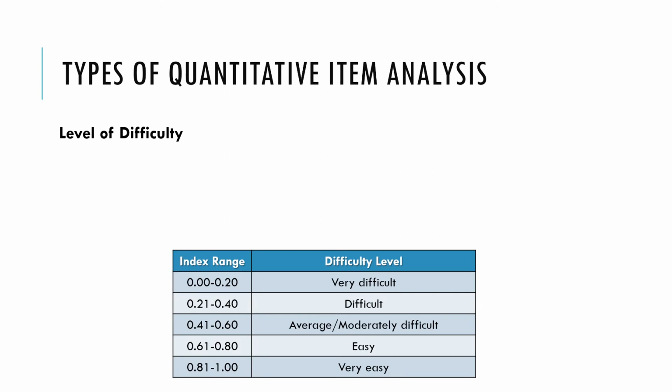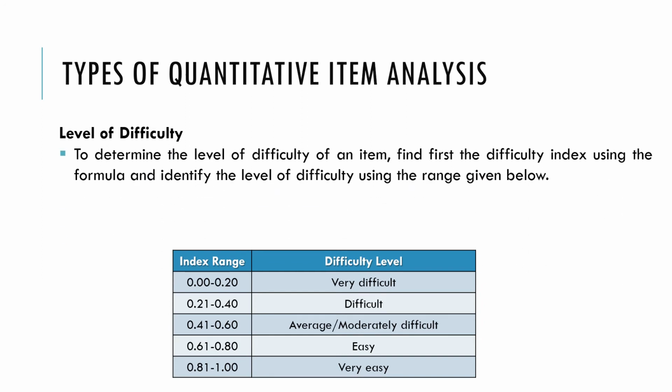So let's try to look at now the difficulty level, and because of that difficulty level, you can actually adjust our test item, no? To determine the level of difficulty of an item, find first the difficulty index with the use of that formula, no? D sub F is equal to small letter n divided by capital N. Using the formula, identify the level of difficulty using the range given below.